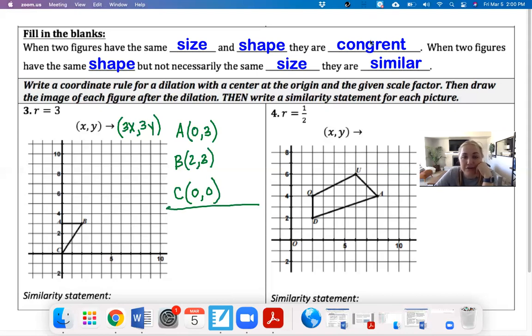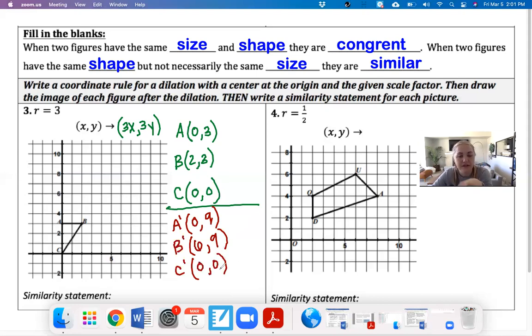Now I'm going to dilate them to get my image points, A prime, B prime, and C prime. My rule tells me that all my x's multiply by 3 and all my y's multiply by 3. So 0 times 3 is 0. 3 times 3 is 9. 2 times 3 is 6. 3 times 3 is 9. 0 times 3 is 0, and 0 times 3 is 0.